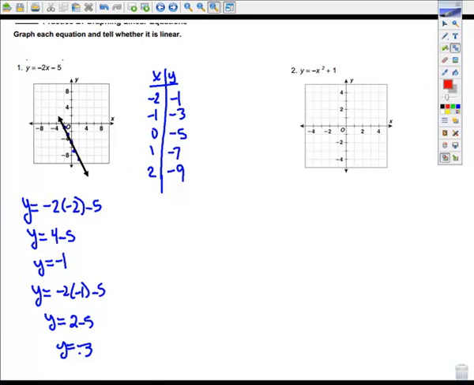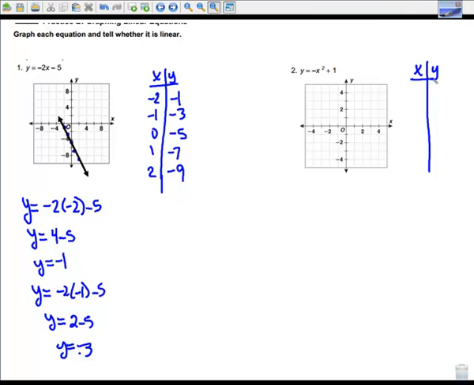Let's go ahead and check out this next function. Again, I'm going to do x and y, -2, -1, 0, 1, and 2. I have y equals negative, and then my x is -2, so -2 squared plus 1. So -2 squared, I do the parentheses first, is +4, but then this means take the opposite.